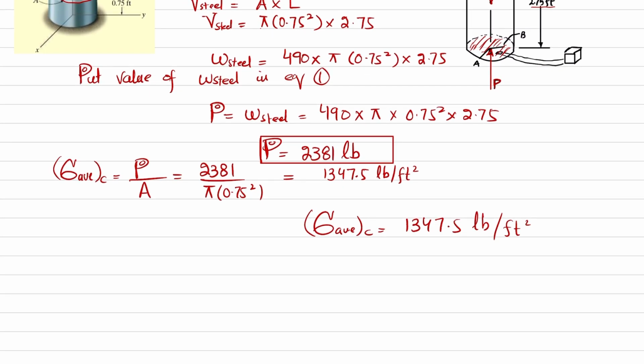Now if you want to convert it into pounds per square inch, we multiply 1347.5 pounds by the conversion, knowing that 1 foot is equal to 12 inches, so 12 square.